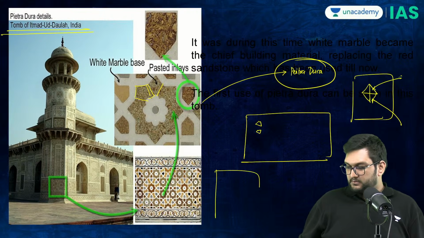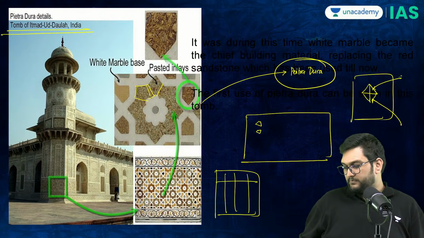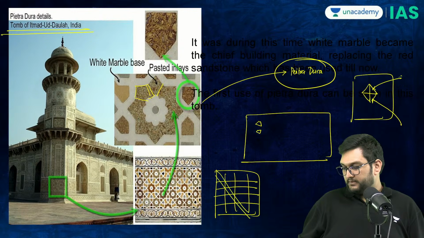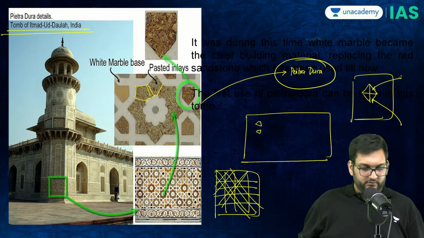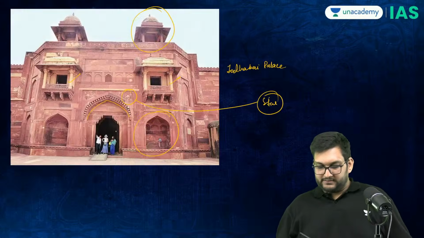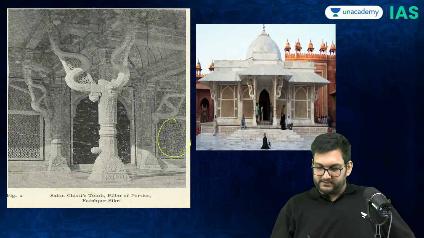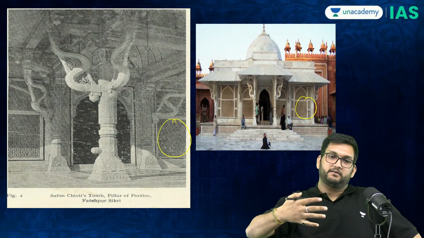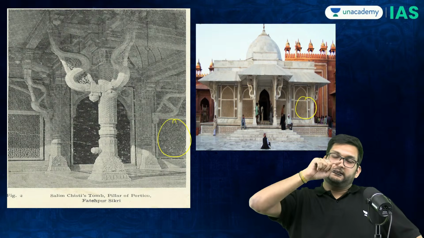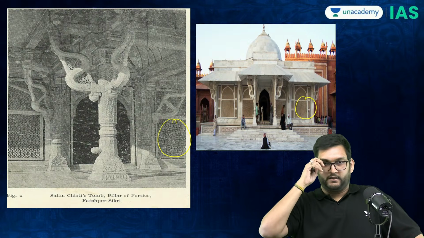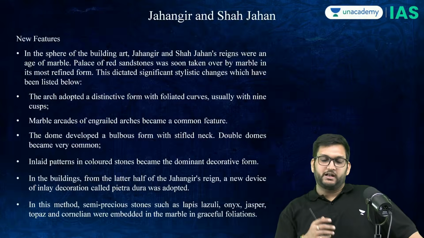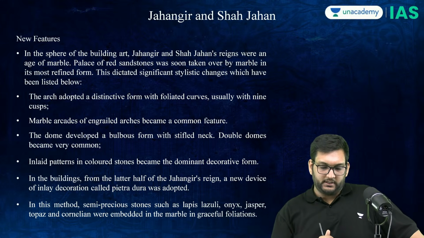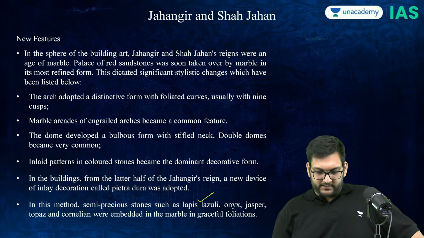Jali is when you have something like this. This is a jali. It is a certain structure, a marble pattern. You can see through it, right? So, Itmad-ud-Daulah's tomb was quite important. And Pietra Dura, we've already discussed.